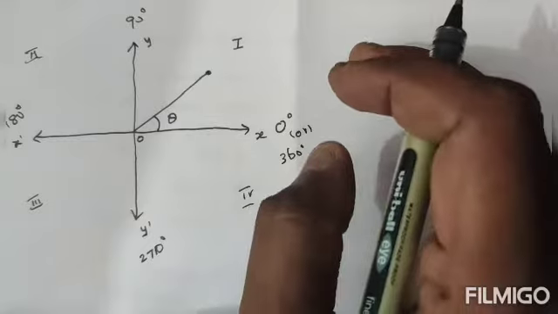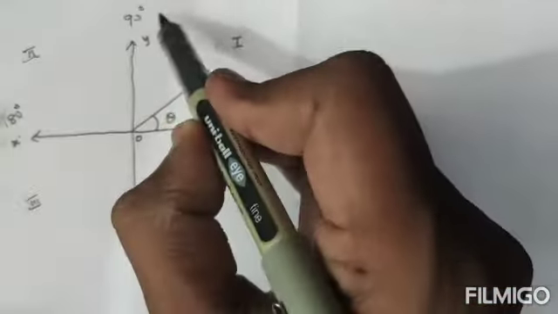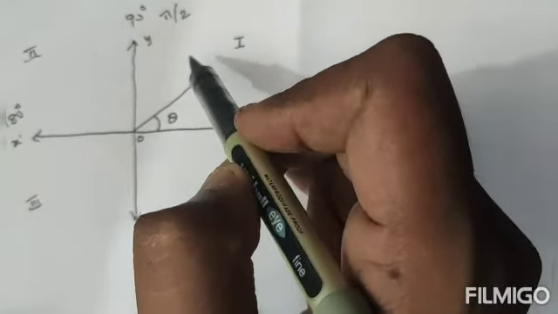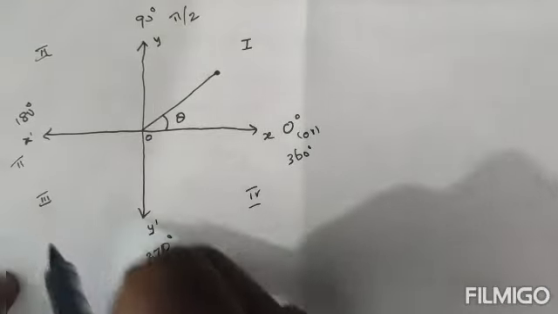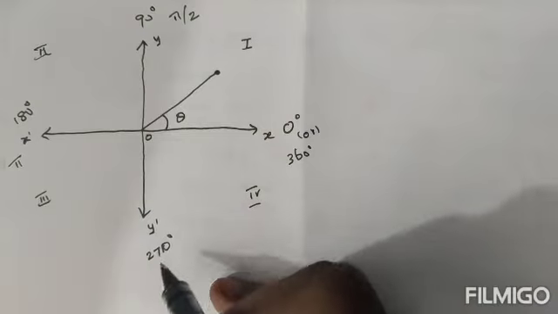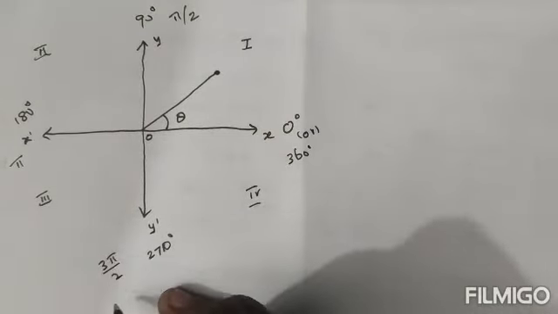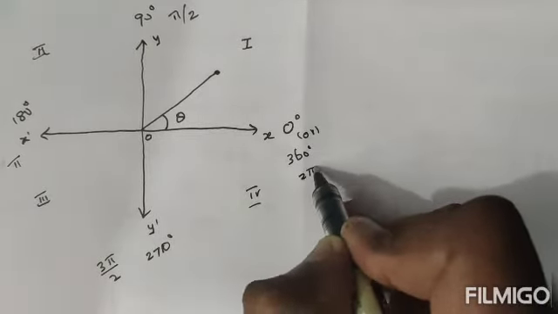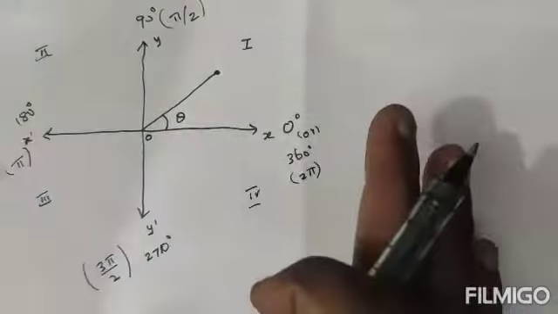Additionally, we should know that here 0 radian, here 90 degree or pi by 2 radian, here 180 degree or pi radian, here 270 degree or 3 pi by 2 radian, then here 360 degree or 2 pi radian. I just mention the radian value in brackets.